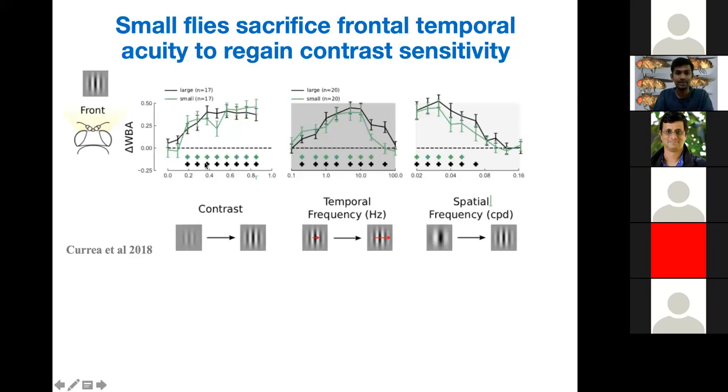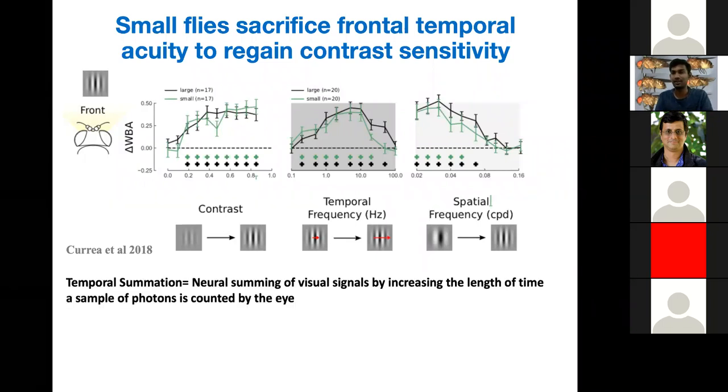But what is surprising is that if you look at the contrast sensitivity, we don't really find a difference between larger and smaller eyes, even though we saw that contrast actually reduces much faster than acuity when we look at the optical measurements. So one way this might be happening is that they temporally summate, which is basically like long exposure photography.